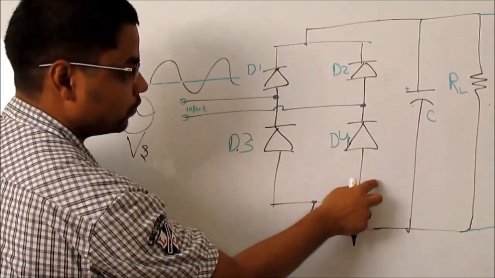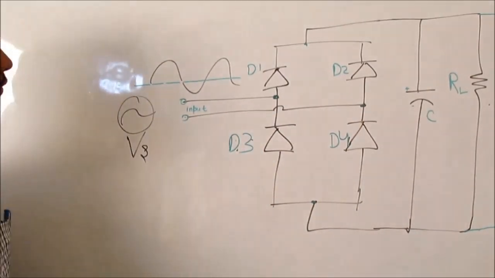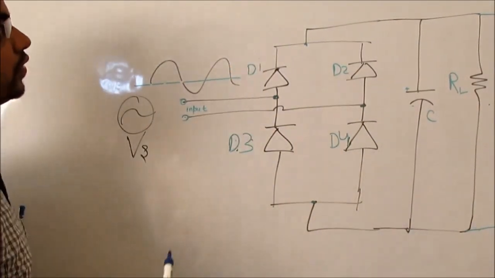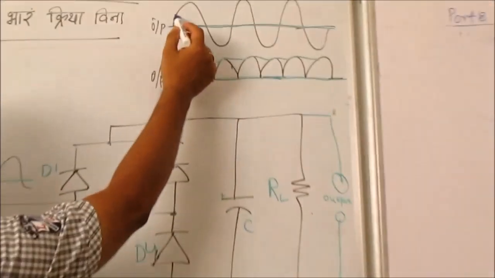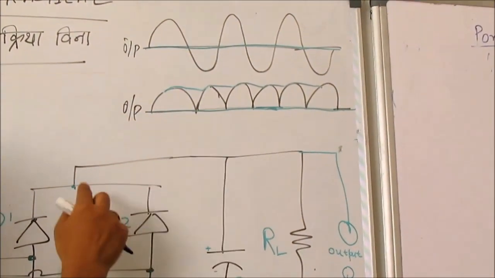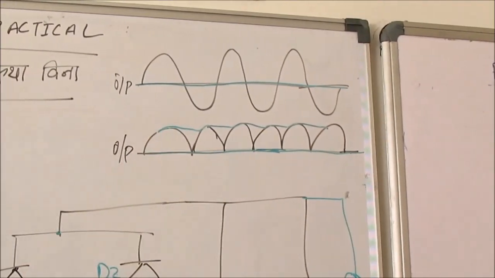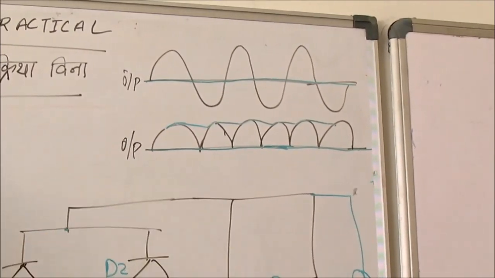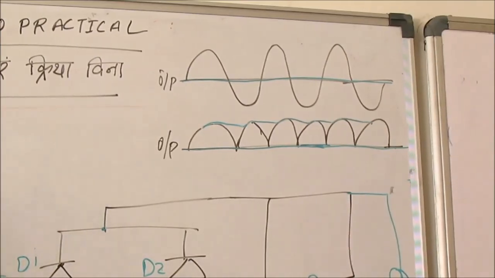So current will flow through the D4 diode and come back to this point. We can see the input and output waveforms. This one is the input waveform. During the positive half cycle, we get a positive waveform between these 2 points, as shown in this black waveform. And during the negative half cycle, what will happen?